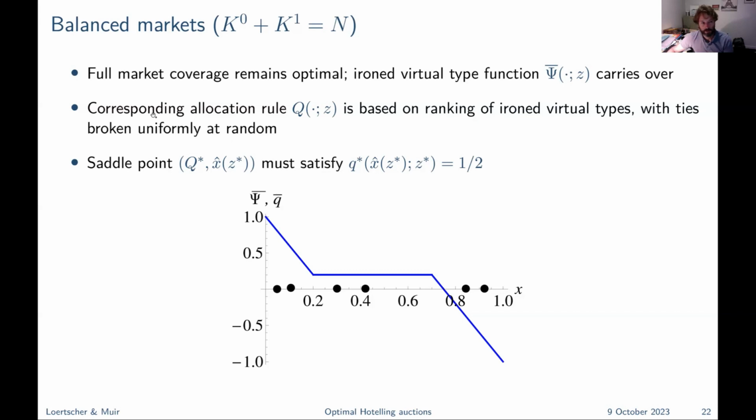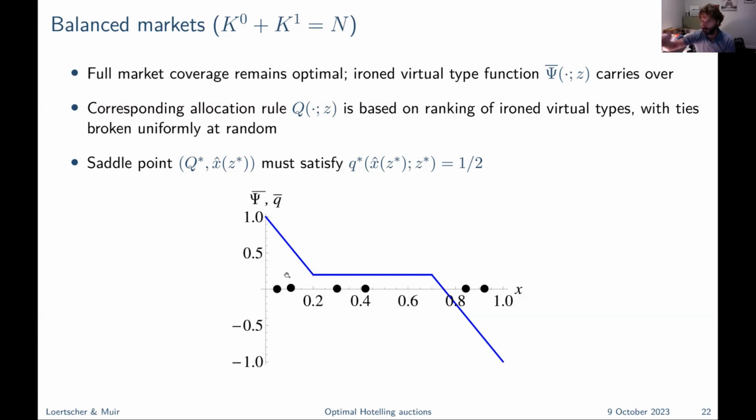And now the corresponding allocation rule parameterized by Z is going to be based on the ranking of ironed virtual types. So suppose the ironing parameter is positive, then you end up with an ironed virtual type function psi bar of the shape here, and you have the agents bid.